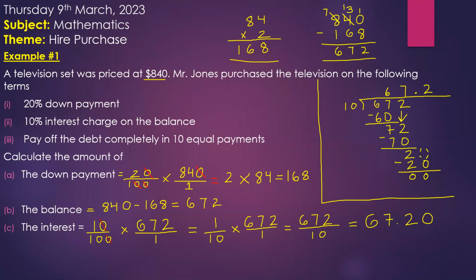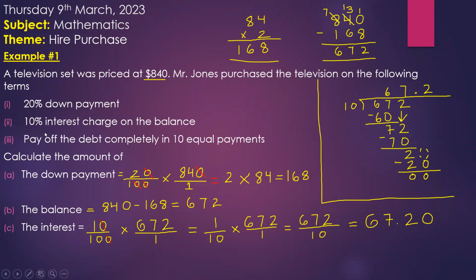Pay the debt off completely in 10 equal payments. Because remember, you're trying to make him pay $840. He's not going to pay $840. He's going to pay more than that, because he has several things to pay.